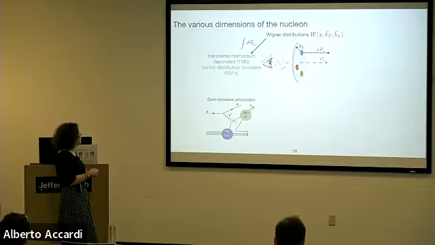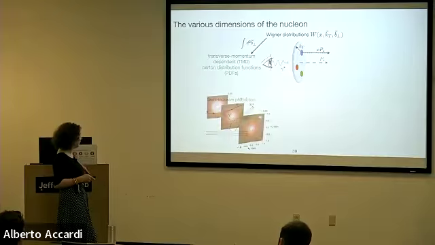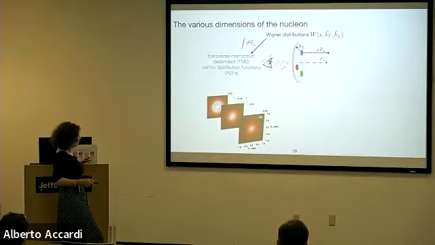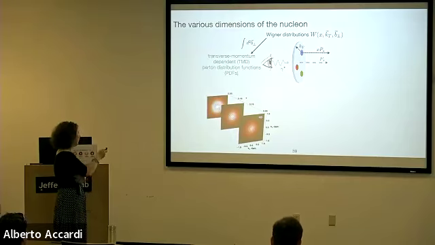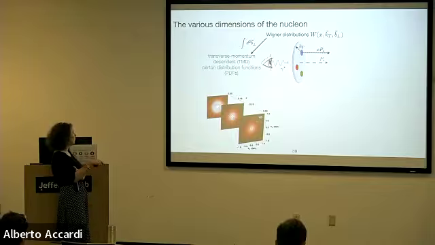And you can study these again in the same inclusive DIS productions, but now taking into account, in addition, the transverse momentum of your produced hadron. And through the existing data that we saw, like from HERMES and Jefferson Lab and so on, they obtain already first, very model-dependent pictures, though, of, for example, the distribution of your up quarks for different values of x as a function of these two transverse momentum components.